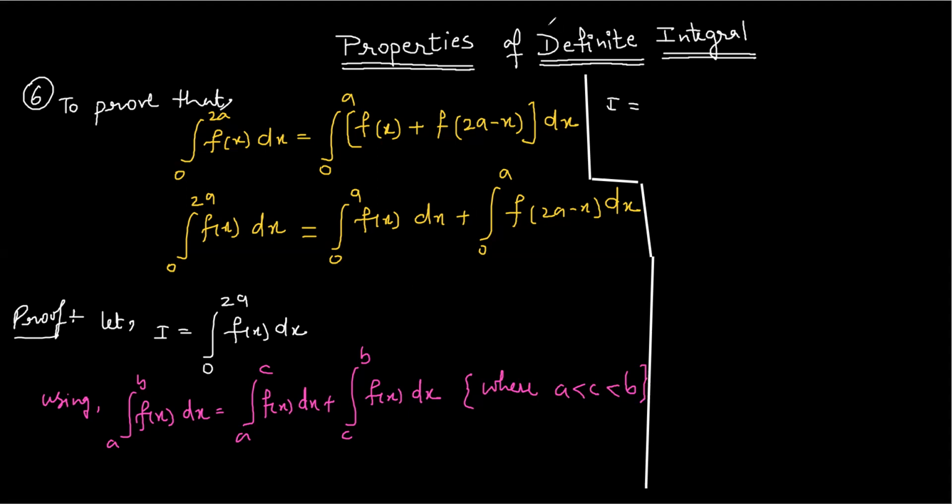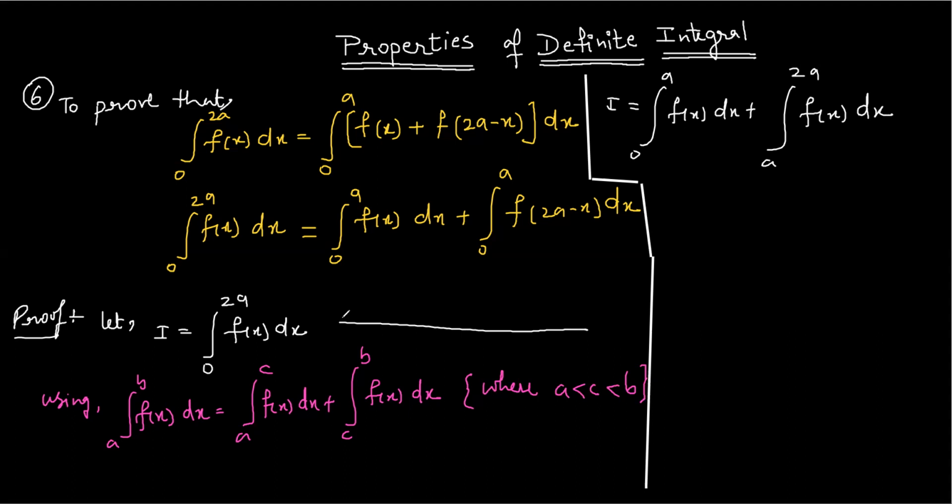So I get 0 to a f of x dx plus a to 2a f of x dx. What I did, I had to integrate from 0 to 2a. So I split this. How did I split? I split from 0 to a and then from a to 2a. This a lies in between 0 and 2a. a is greater than 0, but it is lesser than 2a.